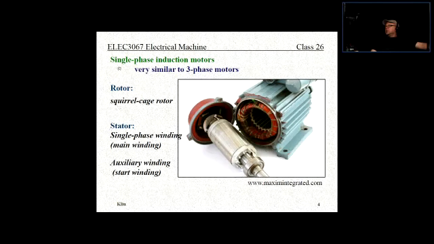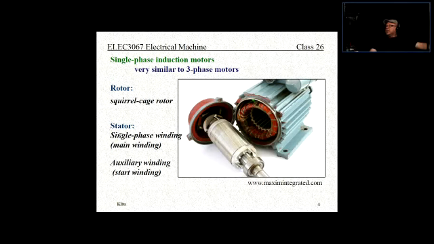All right. So the construction of the single phase induction motor would be, well, it's got a rotor and a squirrel cage formation. Stator, single phase winding instead of 3-phase winding, because it's a single phase machine, so it kind of would make sense, right?